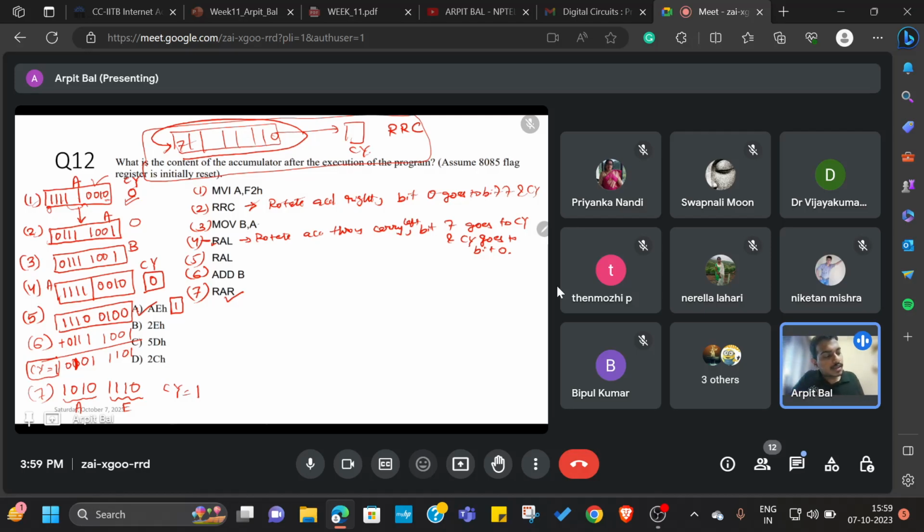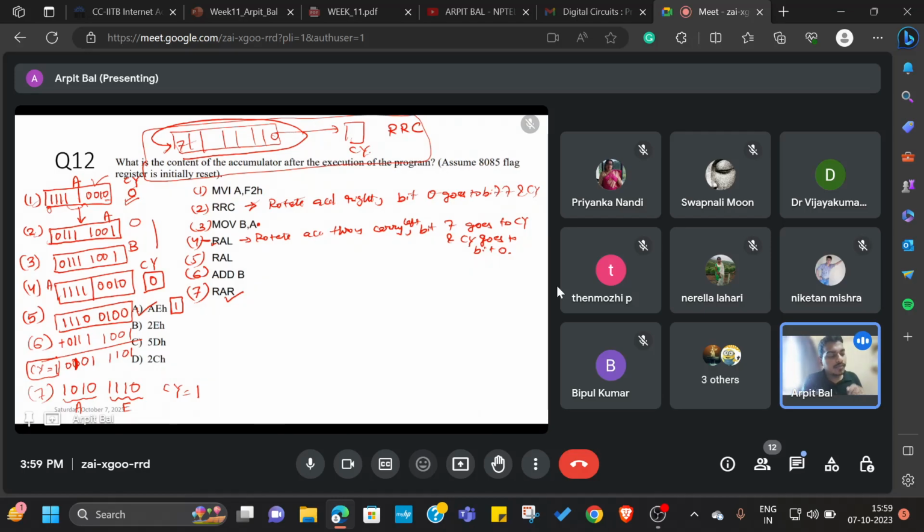In the third instruction, we move whatever content is available in A to a register called B. So this is basically a copy operation. We copied the content of A to B. In the next instruction, we do RAL, that is rotate accumulator left through carry.